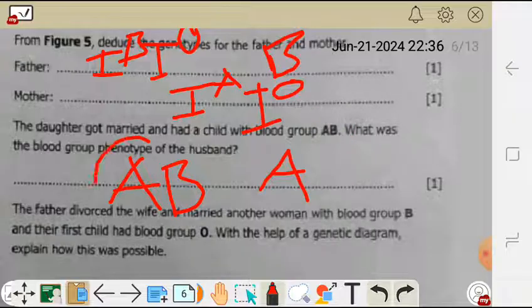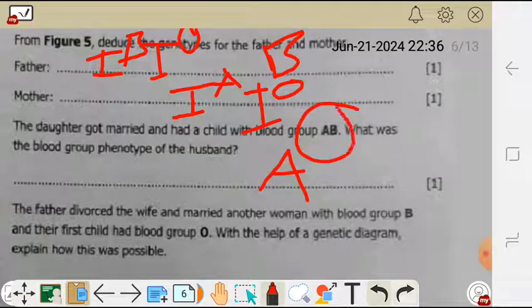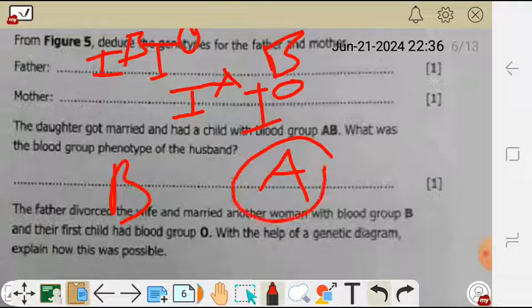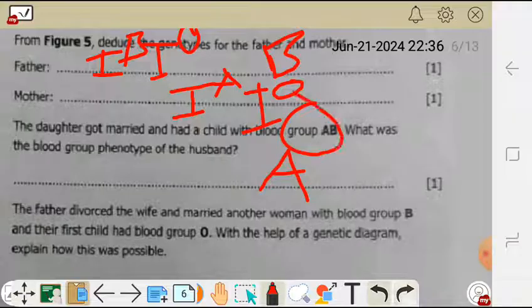So the father can be AB or A only. Don't write both, just choose A. Since the child has AB and the mother has B, the father should have A, so that they donate A from the father and B from the mother.